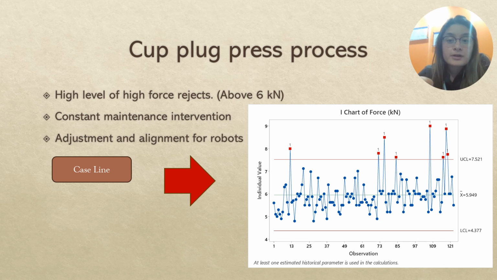When we have those points in red, we are causing downtime because there is a constant maintenance intervention to review the station, and also if there needs to be an alignment for the robots. This is causing more loss in our productivity.